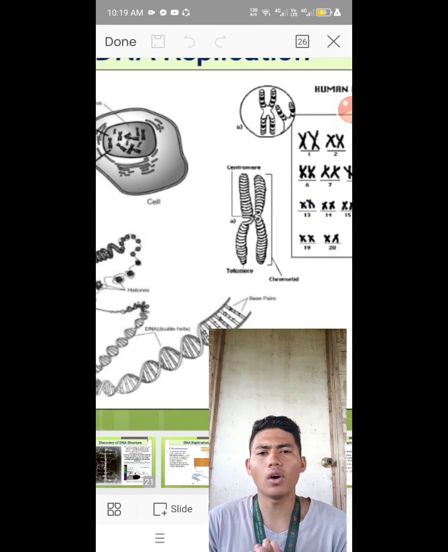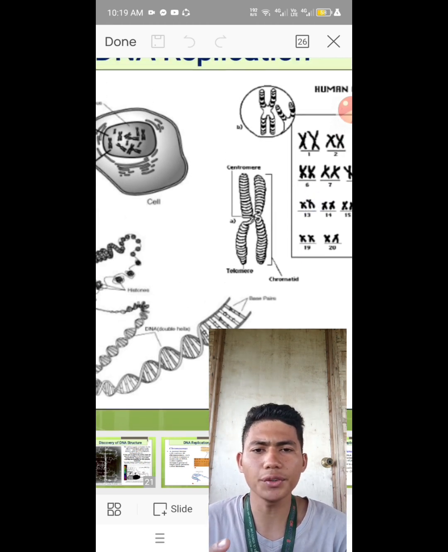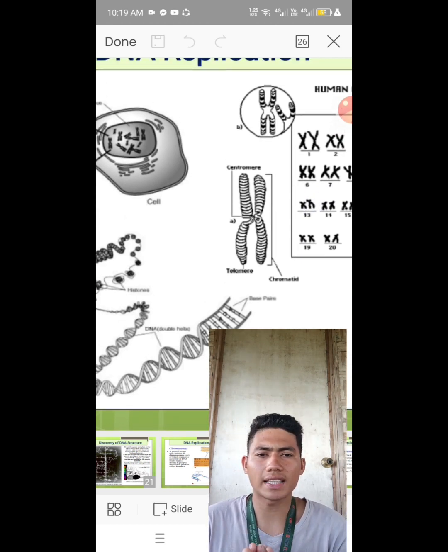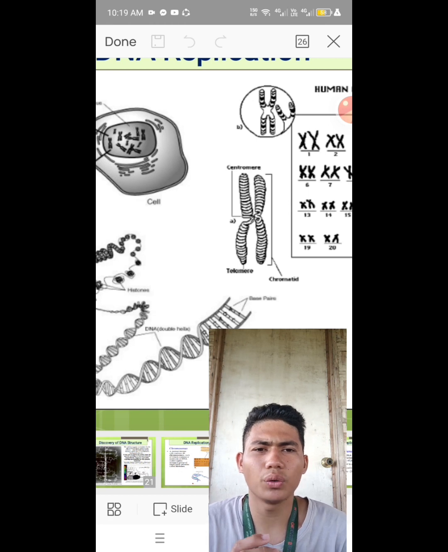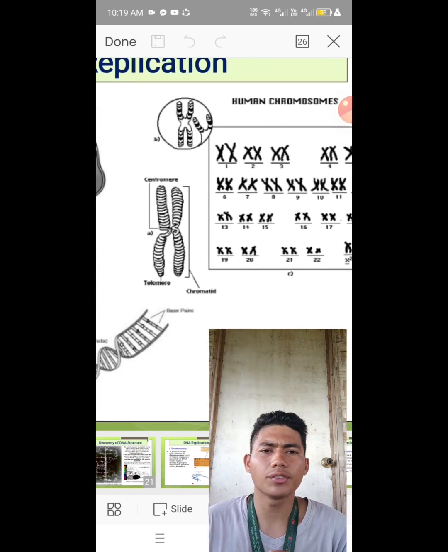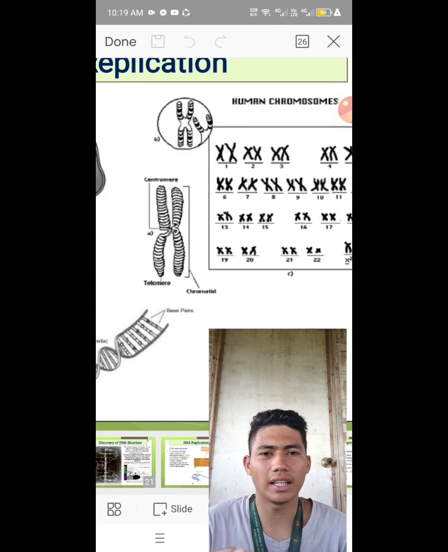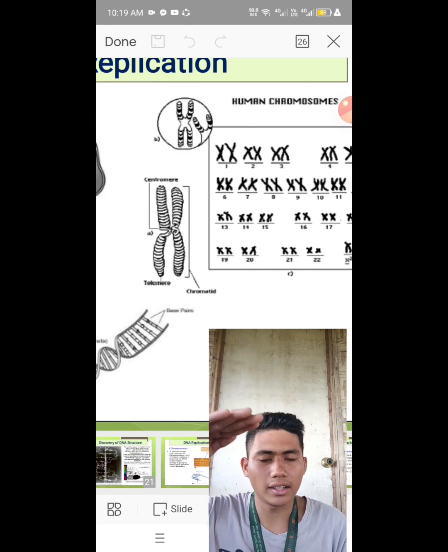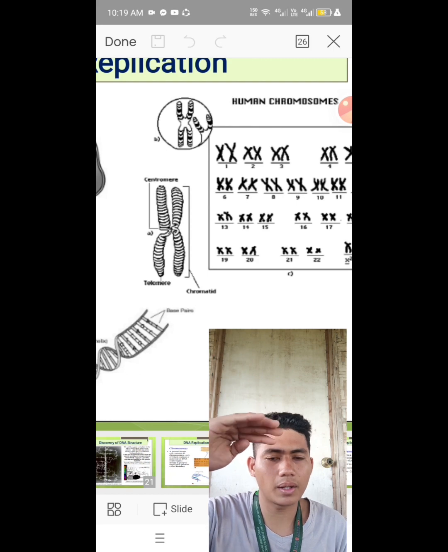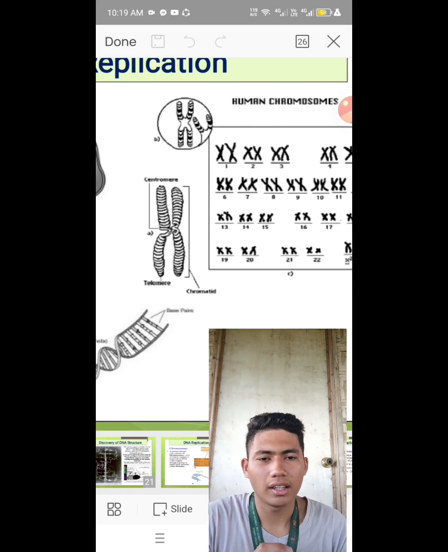The regions on either side of the centromere are referred to as the chromosome's arms, because like an arm, they extend from the top.